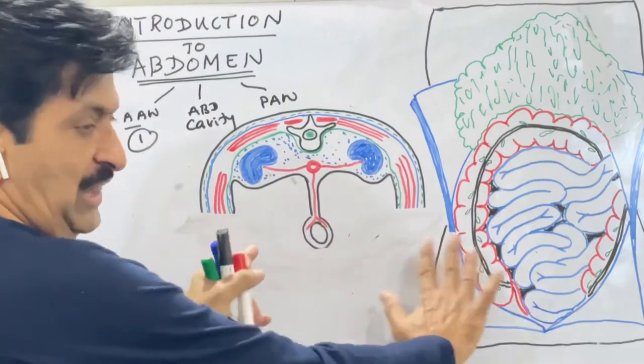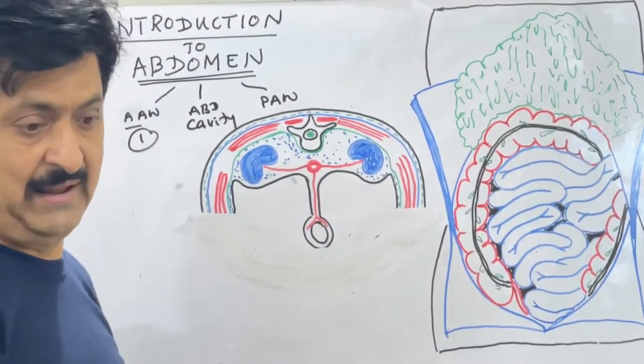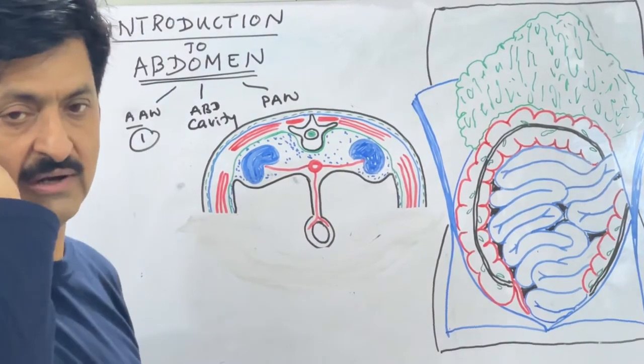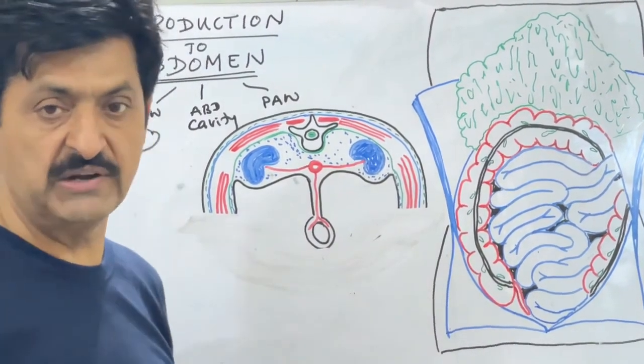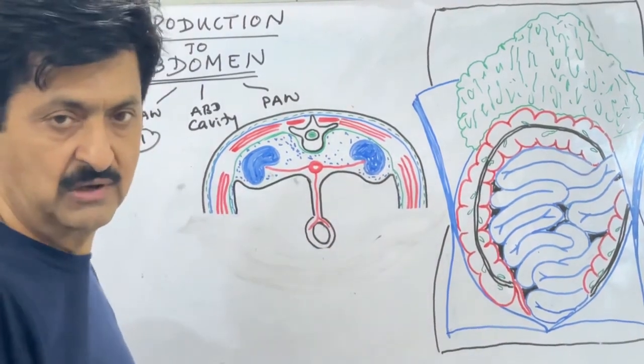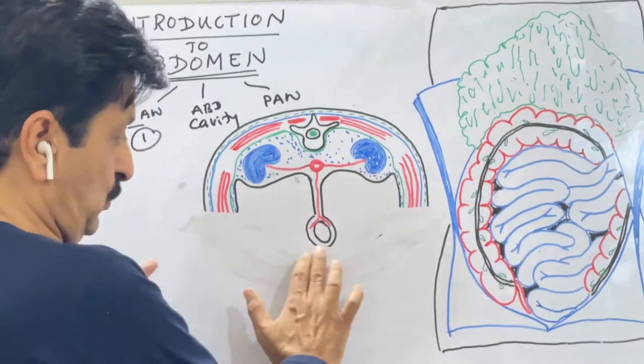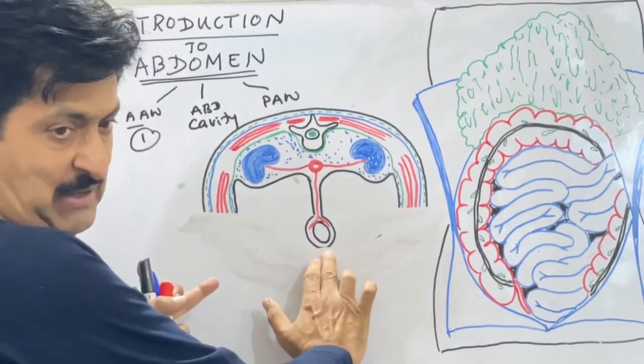But when you have removed all these nine layers, skin and fascia, then the three muscles, and then the three layers of fascia transversalis, extraperitoneal fat, and parietal peritoneum, and the peritoneal fluid has been removed, you can't see the small intestine in the middle.